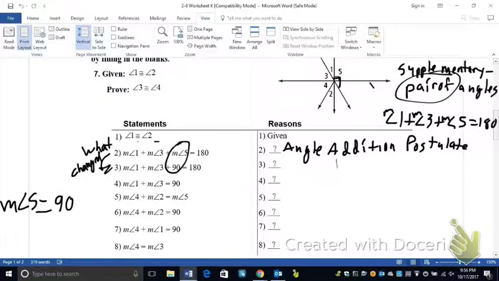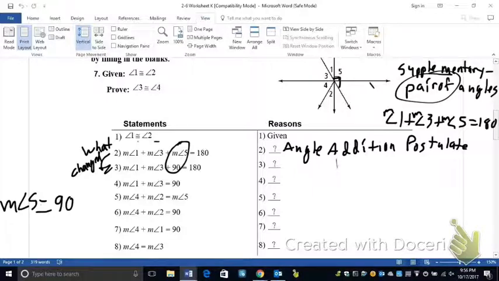Because only once we say that the measure of angle 5 equals 90 degrees, and that would be the definition of a right angle, would we then be able to substitute 90 degrees in for 5. I think the makers of this were already up to 8 steps. Legitimately, this proof should probably have 12 to 15 steps, depending on how you break it down. And they just thought that was too many and that kids would be overwhelmed.